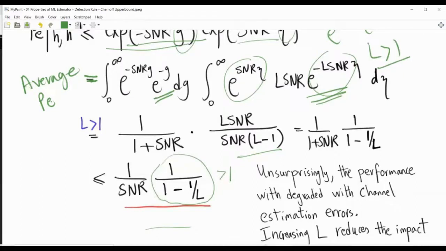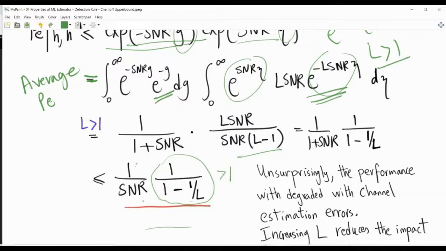Okay, and then later, basically you average, and in our case here, see what is the impact of not knowing the channel. If you don't know the channel perfectly, what will happen is that previously the upper bound was 1 over SNR. Now it is 1 over SNR multiplied by this quantity, which is strictly greater than 1. So if you put L equals 2, this is 1 over 1 minus 1/2, so this will be 2.